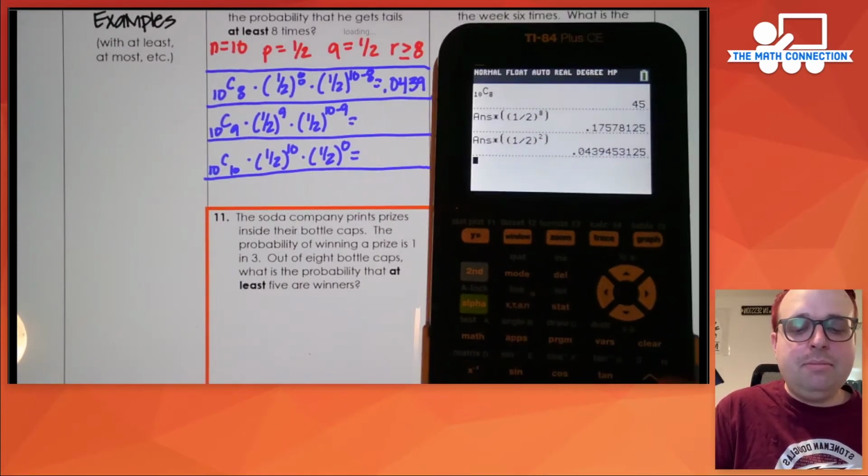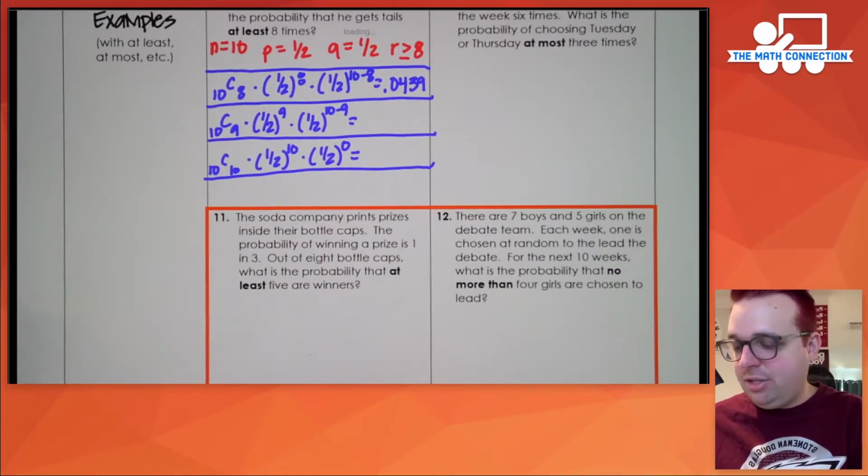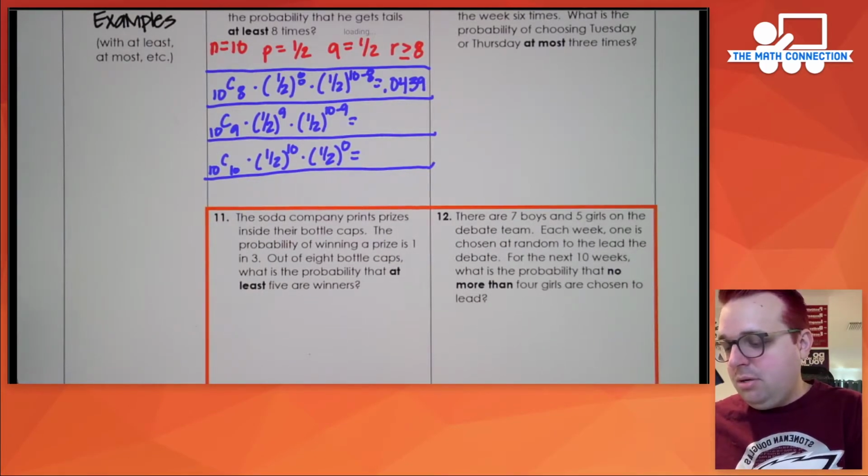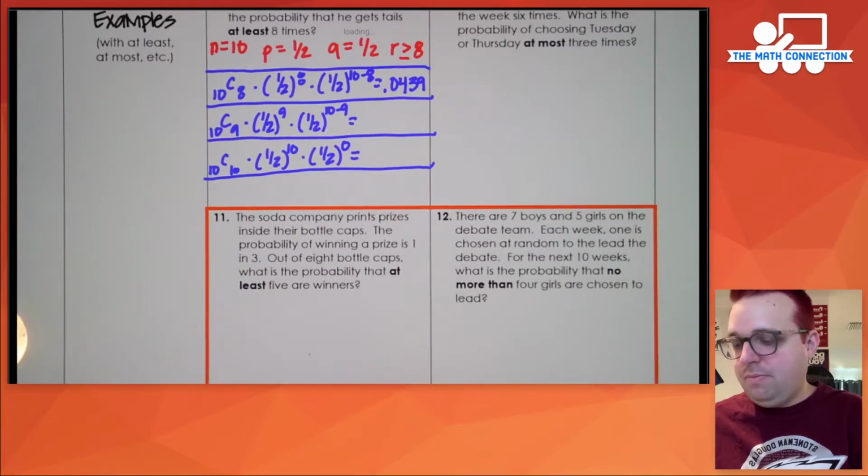Okay, next problem. I'm not even going to put my calculator up here because you get the gist now. 10 combo 9. Actually, I wonder if I can do this whole thing.